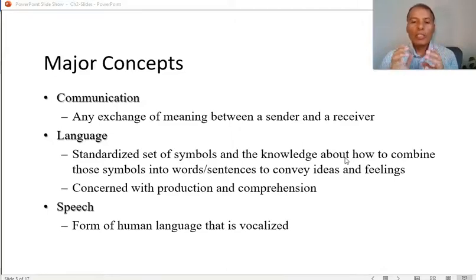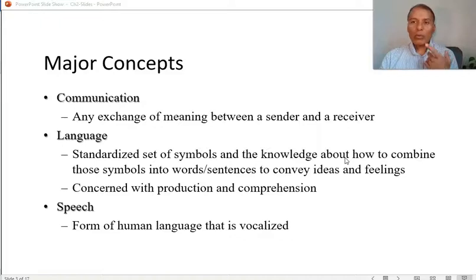All species have their system of communication. Fish communicate with each other, ants, bees, and so on. So communication basically is the process of transmitting a meaningful message to another member of the species.